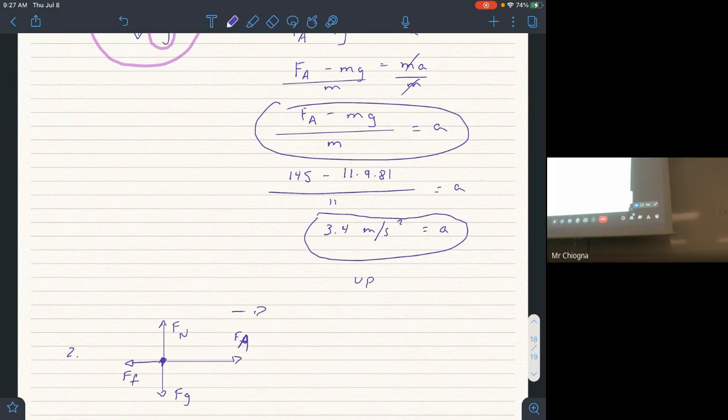Assume it's moving to the right, accelerating to the right. It's these two forces that are involved. They're going to be involved in the equation. Not the normal force and FG, they balance each other. I'm not finished.